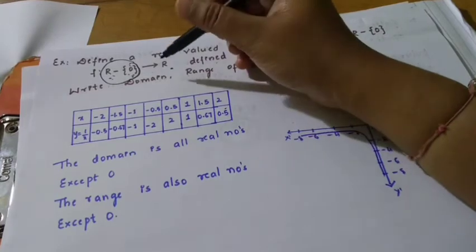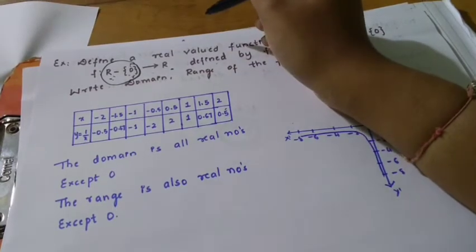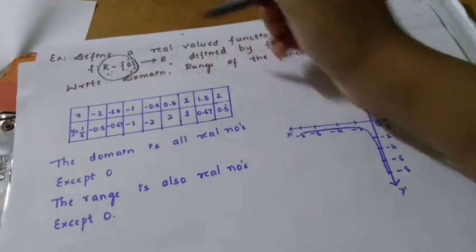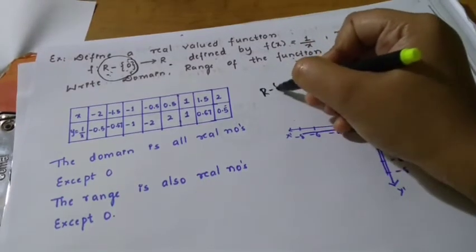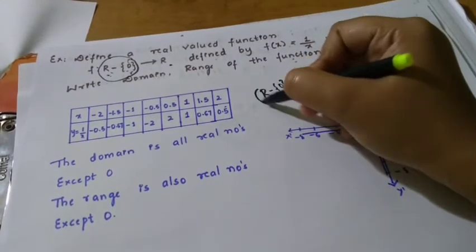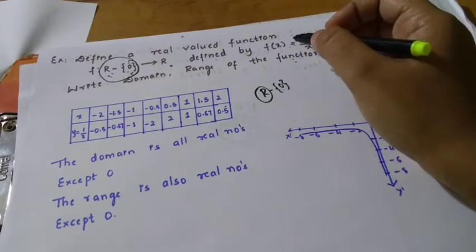So you have to take set of all real numbers except 0. ಸೊ ಇಲ್ಲಿ r minus 0 ಅಂತ ಬರ್ದೇನಿ, ಅಂದ್ರೆ ಎಲ್ಲಾ ರಿಯಲ್ ನಂಬರ್ಸ್ ತಗೋಬೇಕು, 0 ತಗೋಬಾರ್ದಂತ.